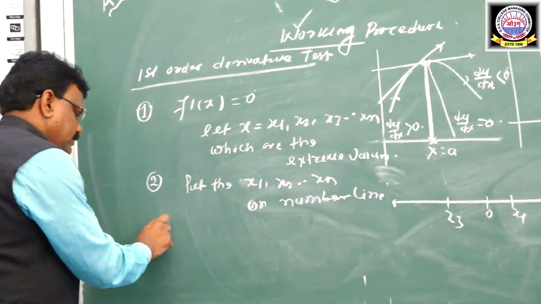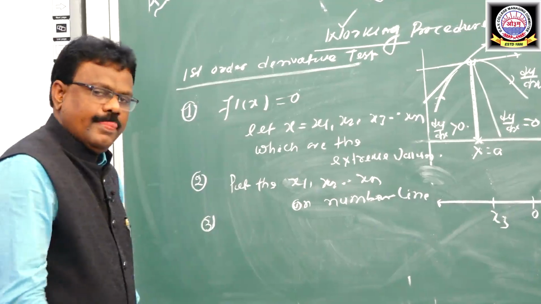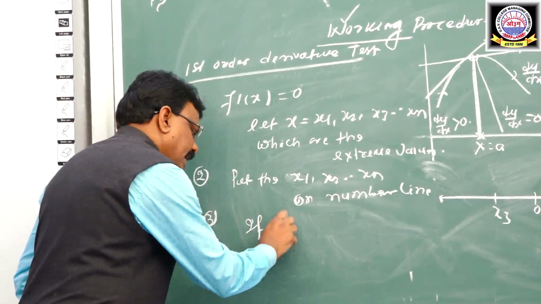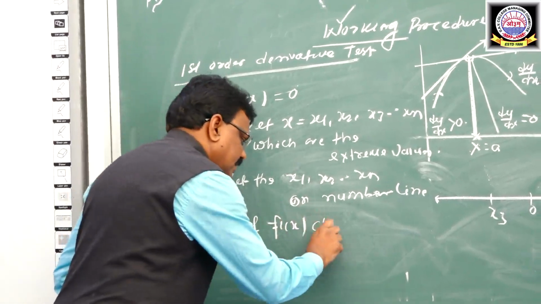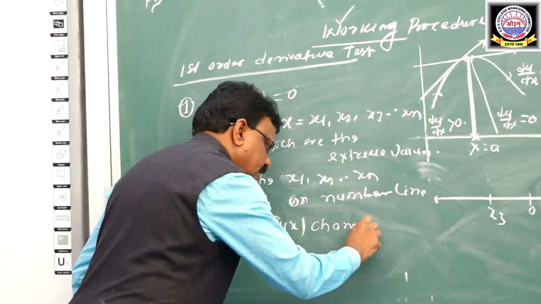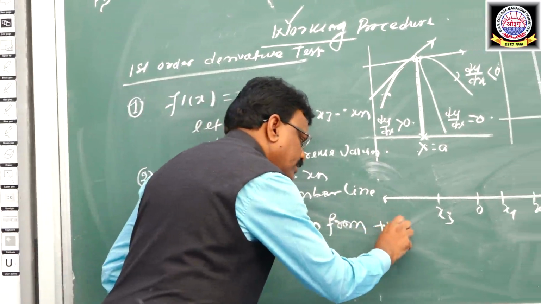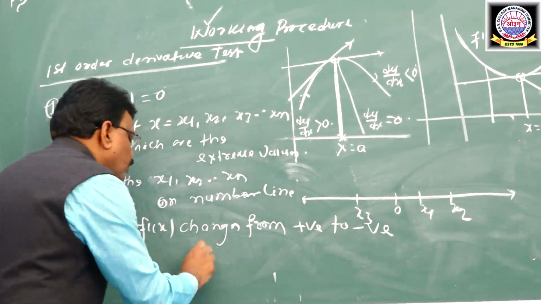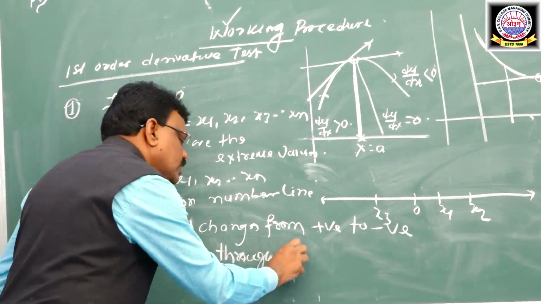Point number 3. If f dash x changes from positive to negative through x1.